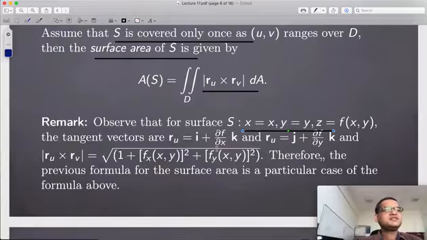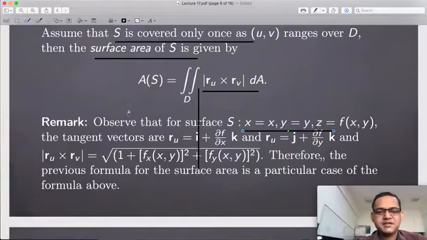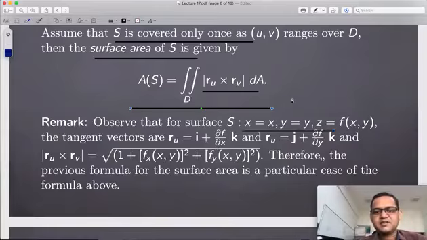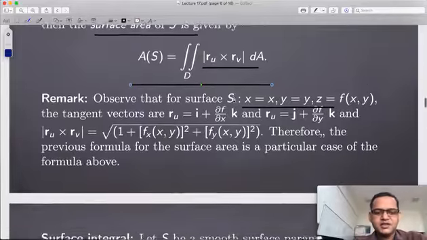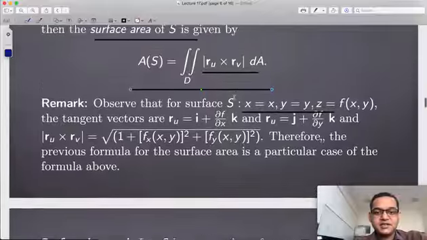So that was a particular case of a parametric surface. When we have any parametric surface with these assumptions, the surface area can be computed by this formula. You know how to derive this formula; I also gave you the idea today. So this is the surface area.